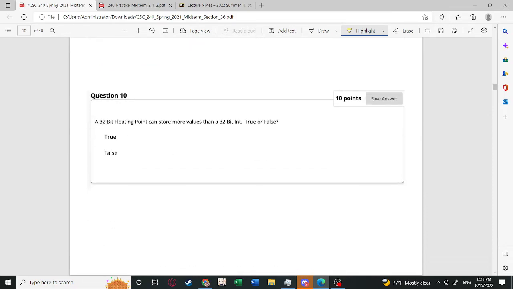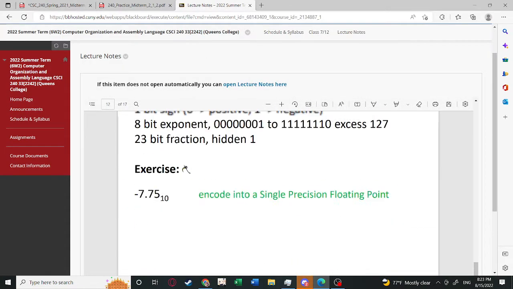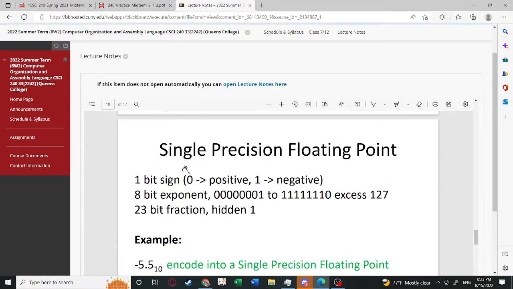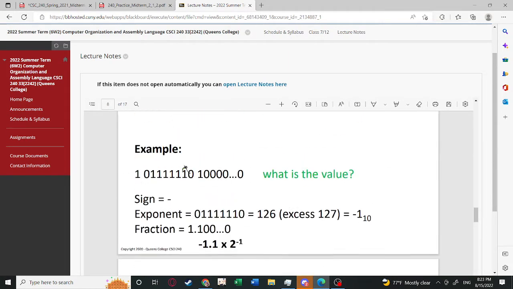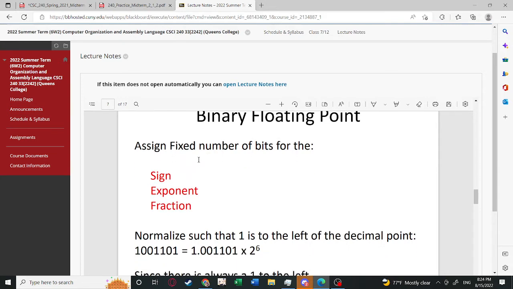So a 13-bit floating point stores more values than a 13-bit integer. If you go to the float, excuse me for 1 second. Okay.